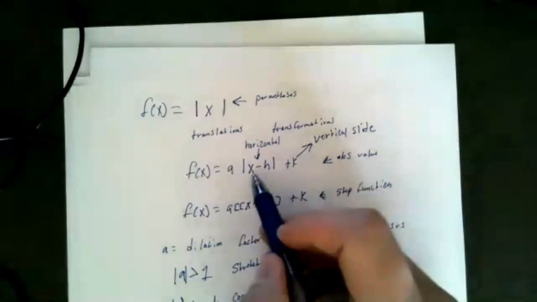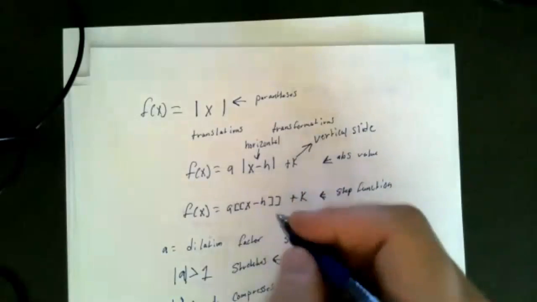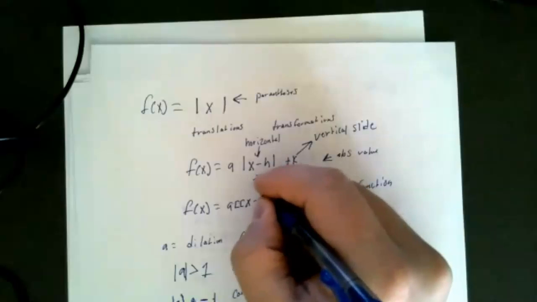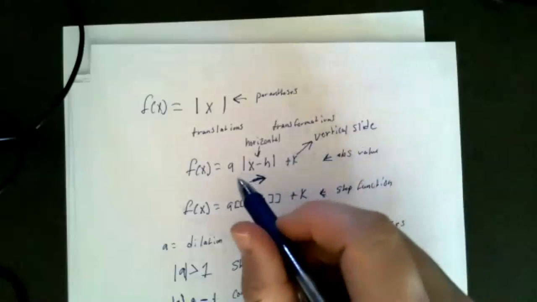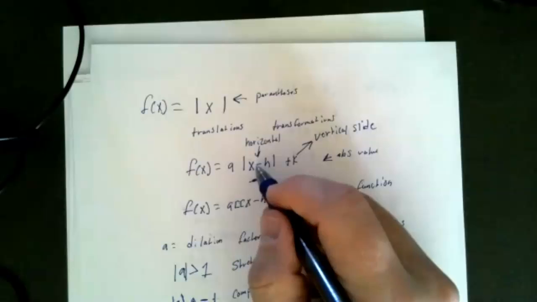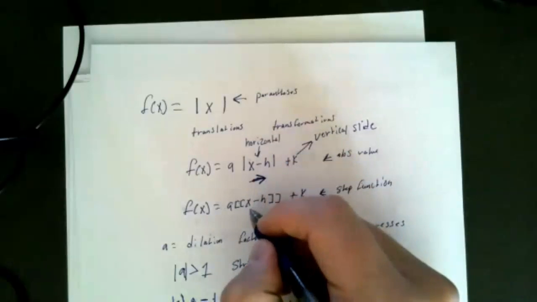So if it's anything on the inside, x minus 5, x minus 3, that's sliding to the right. If it's x plus 3 or x plus 5, then that's sliding to the left. A negative corresponds to a slide to the right.